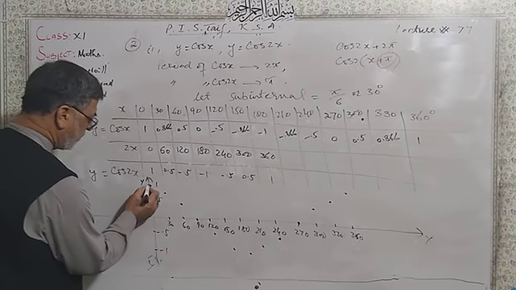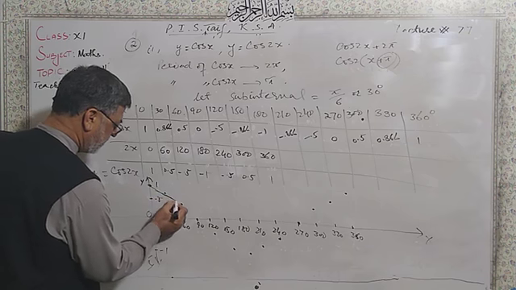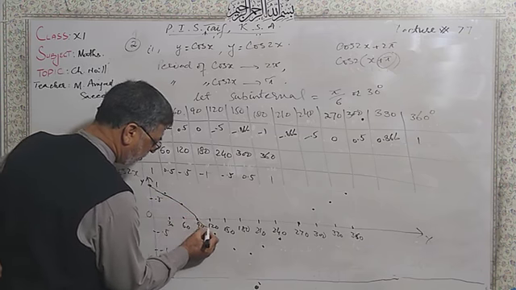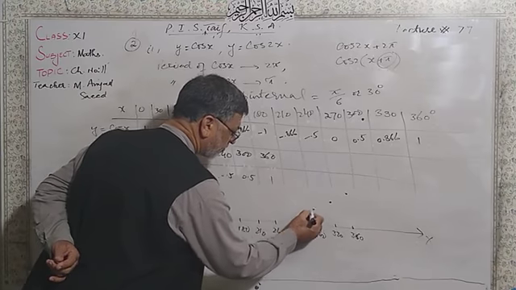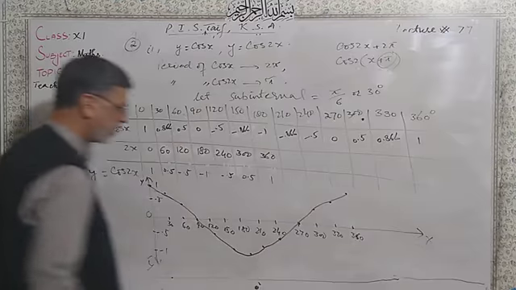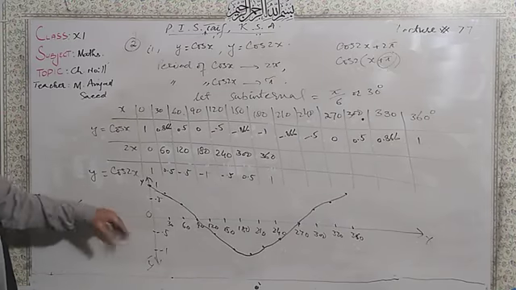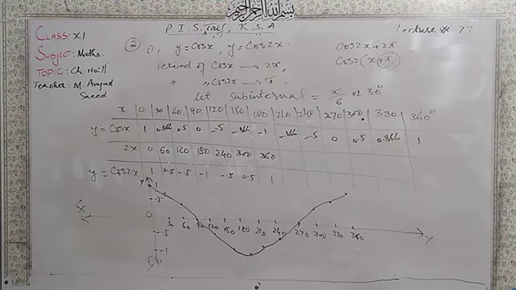So dear students, you have the graph of y is equal to cos x like that. This is the graph of y is equal to cos x.